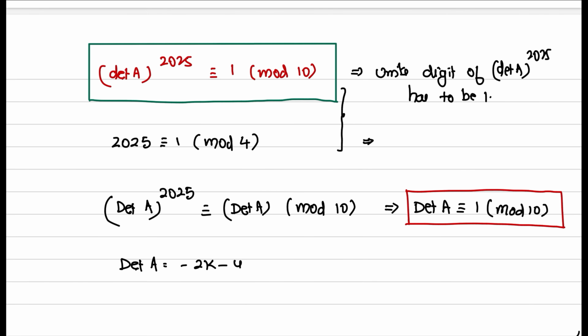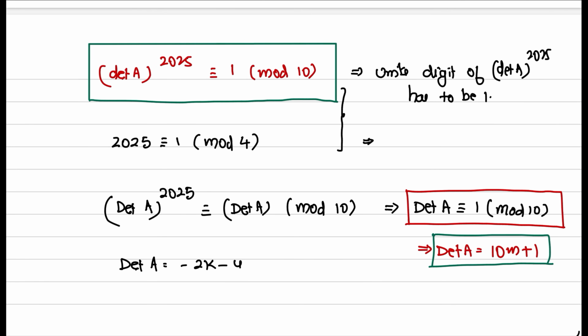Which implies, from this, determinant A is equal to 10m plus 1. Can we write like this? Some m number.